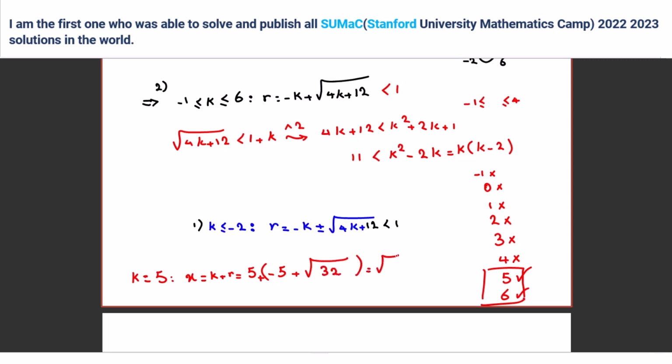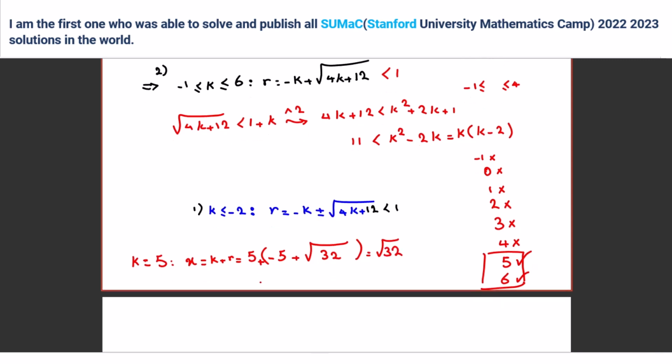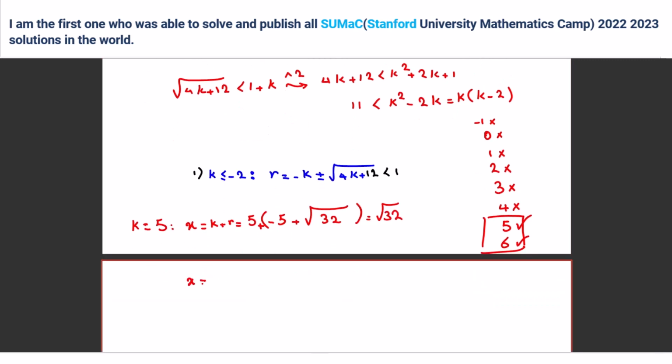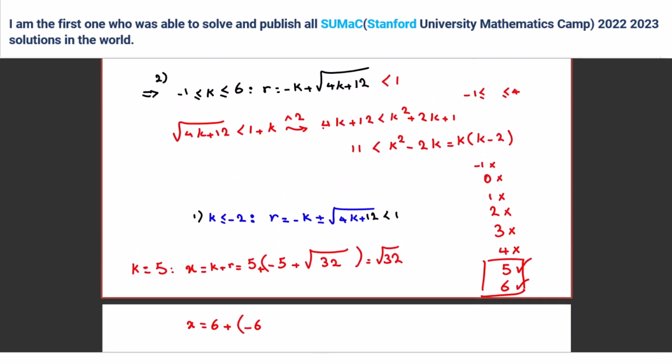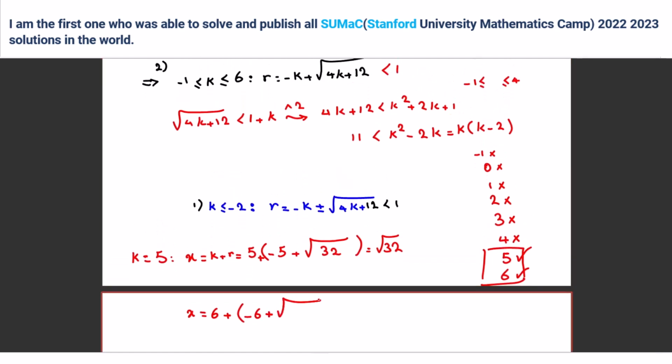So it is the square root of 32, right? Yeah. For 6, it is 6 minus 6, plus the square root of 4 times 6 plus 12, 24 plus 12, 36. So it is 6.